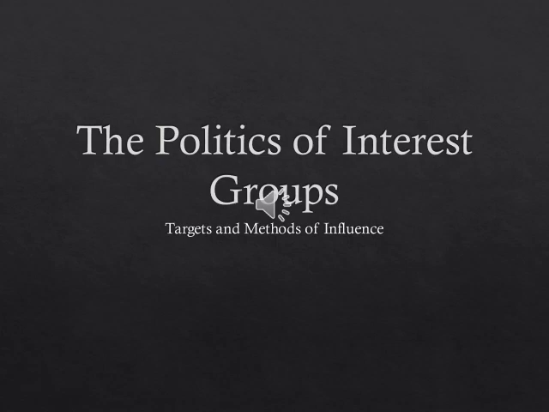bureaucracy. And then finally, the courts as a target of interest group influence. The rules of the game there are going to be different than they are for the Congress, different than they are for the executive branch, but there's also some overlap. But for sure, if you're an interest group in American politics, you're definitely going to want to take into account a legal strategy for advancing your group's interests.